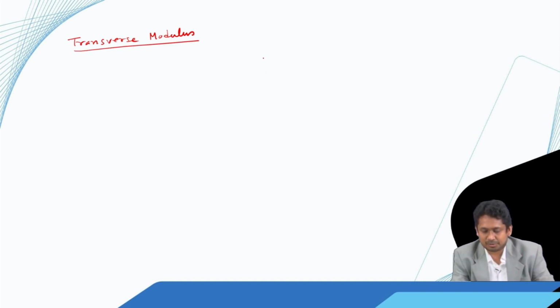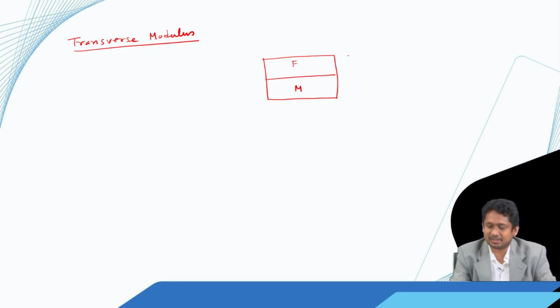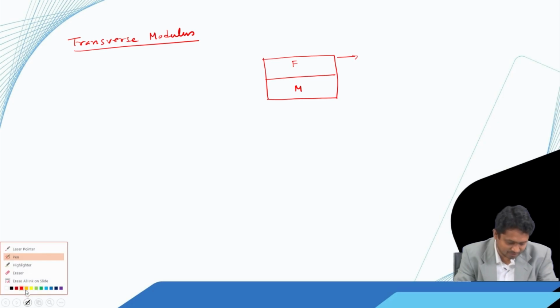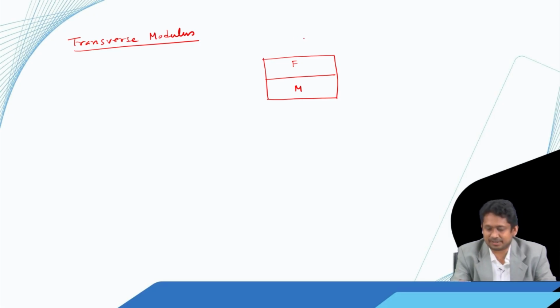So, now we are going to move on to the transverse modulus, that means the elastic modulus along the direction perpendicular to the fiber direction. For that we will again go back to the idealized fiber matrix combination diagram. We have fiber on one side, matrix on the other side, and previously we were loading it along this direction, but right now we will load it in the other direction because our quantity of interest is different.